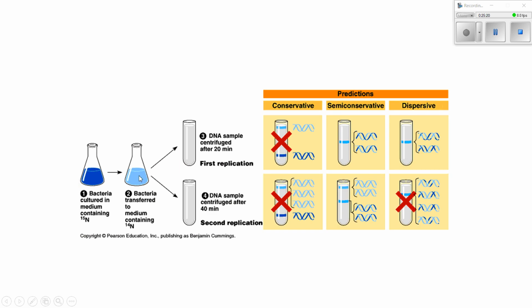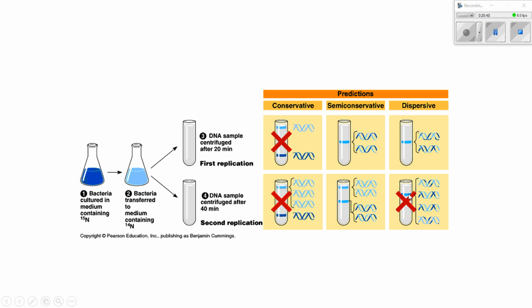The second time around, they left the bacteria in here twice as long, for 40 minutes. Then they extracted the DNA, spun it in a centrifuge, and they got two bands, a light band and an intermediate band. Now, if the dispersive model had been correct, they would have only gotten one band, and it would have been in the middle, but a little bit more towards the top.